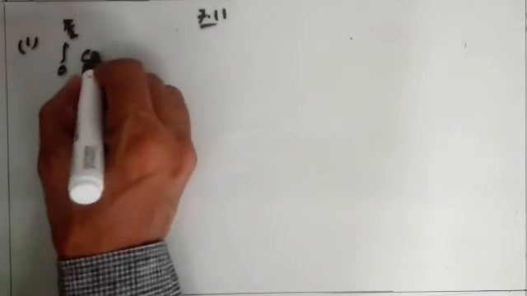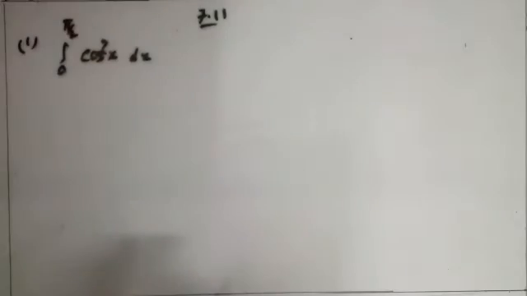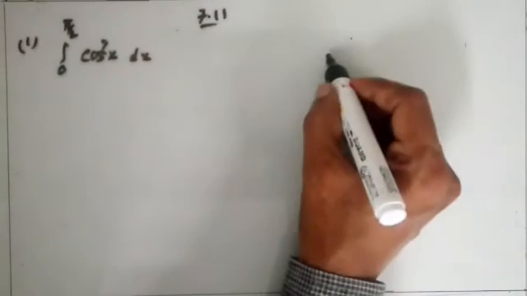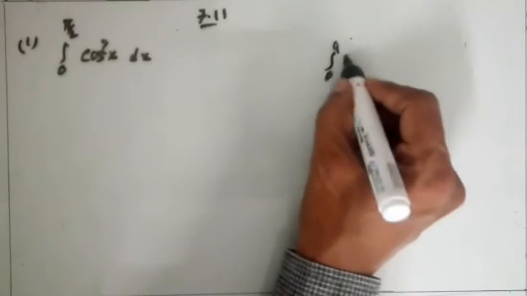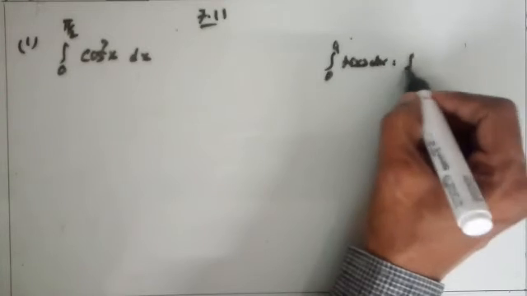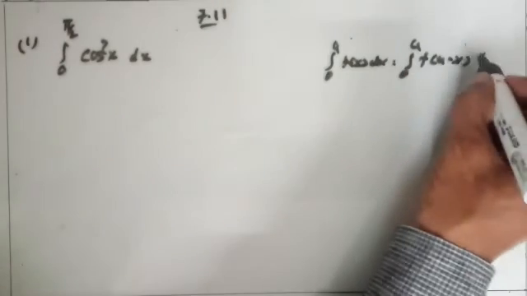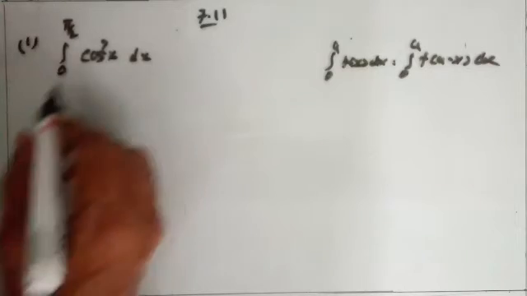7.11. First question, find the definite integration 0 to pi by 2 cos square x dx. We know that 0 to a f(x) dx is equal to 0 to a f(a minus x) dx. Apply the same here.